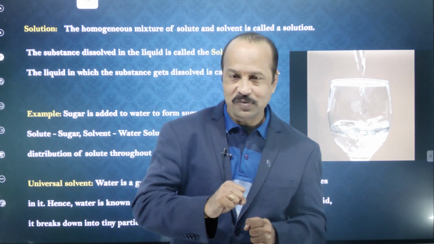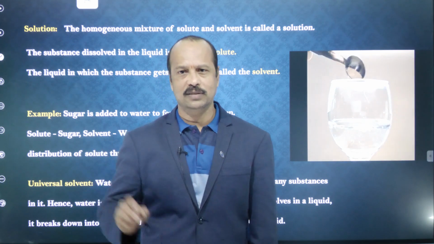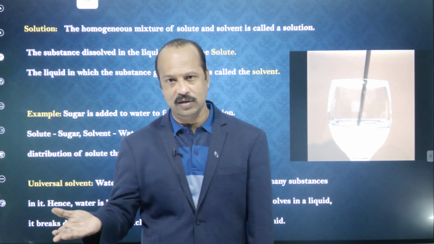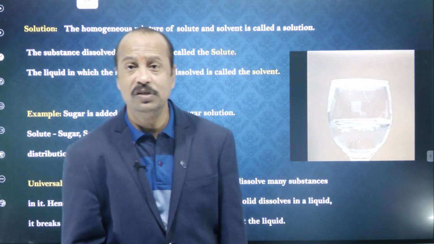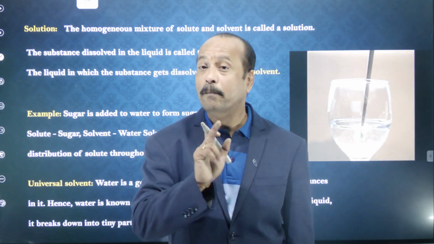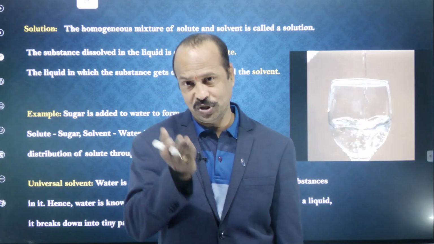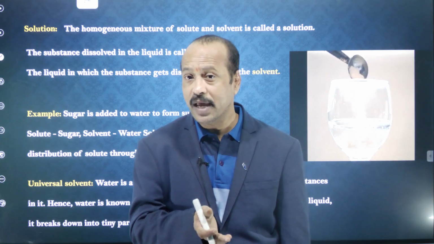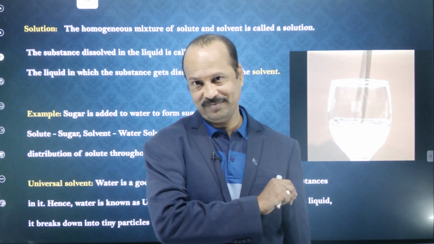So a solution which consists of only two components, like milk and sugar, or water and salt, is called a binary solution. Repeat with me: binary solution. Binary means a solution which consists of only two components.